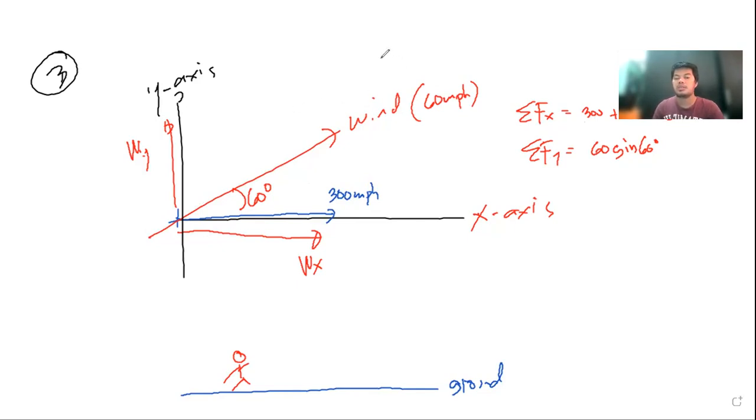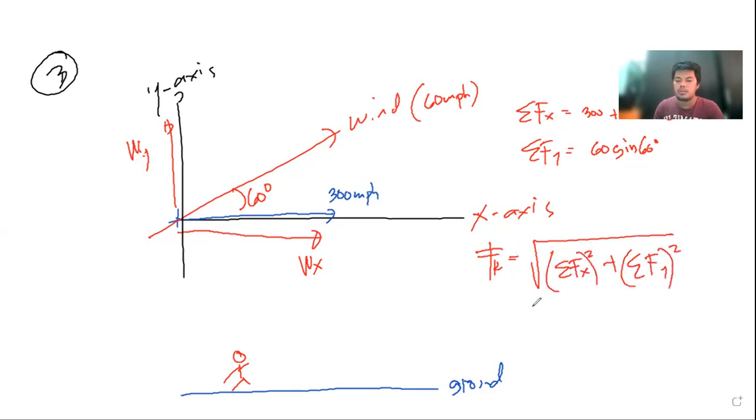So if we use the formula for the resultant speed, let us denote it FR, that is equivalent to the square root of the summation of Fx squared plus the summation of Fy squared. Then we can calculate it.